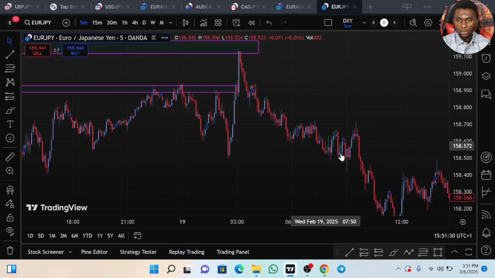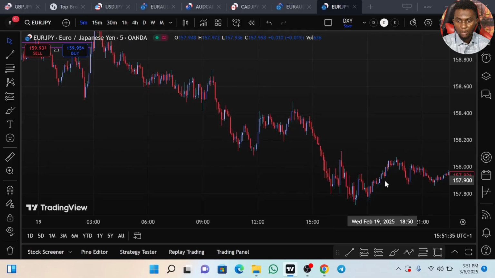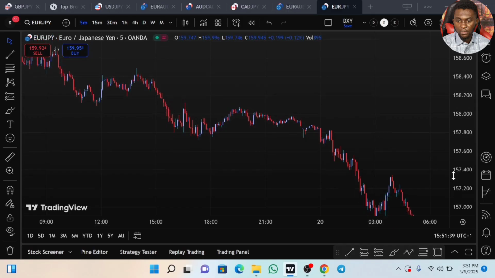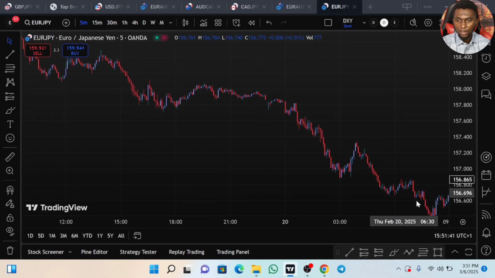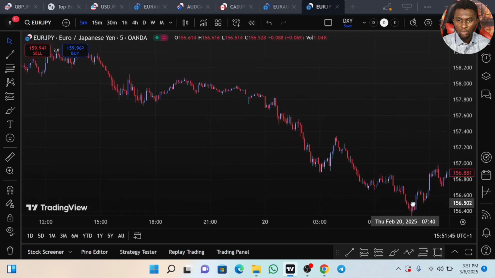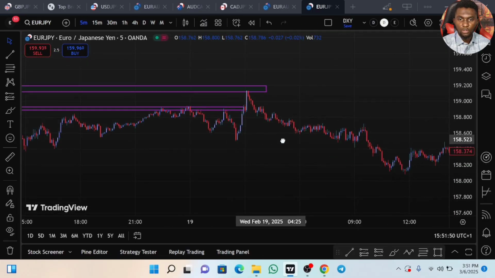The market then sold. Like this, the market sold. Look at how massively they sold. All right, the market sold massively. So that's just an example of inducement liquidity.